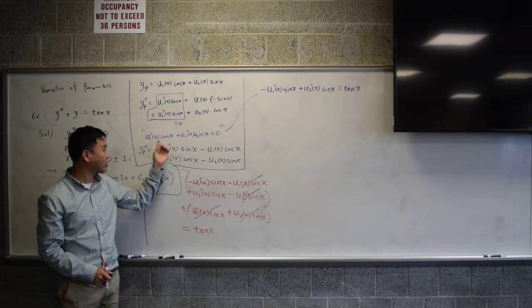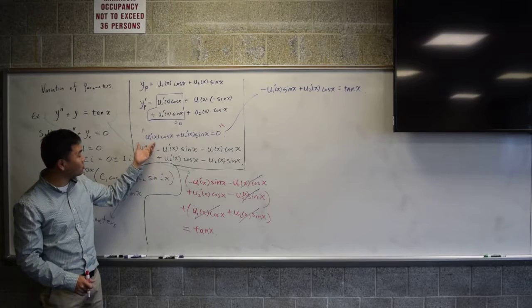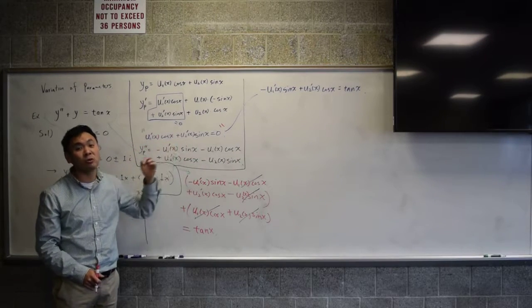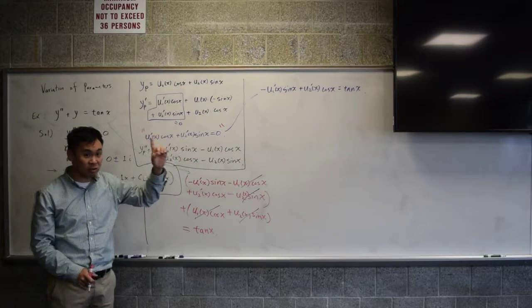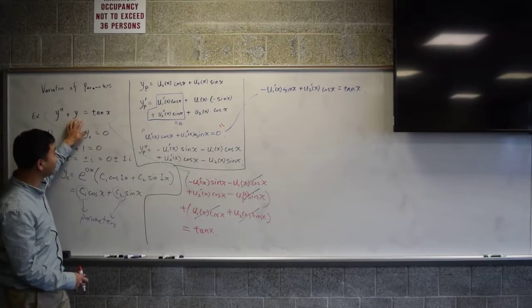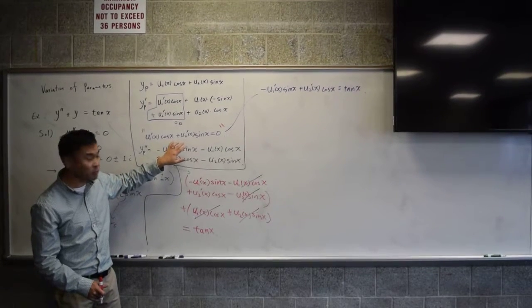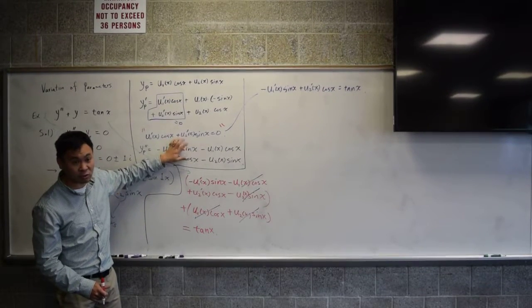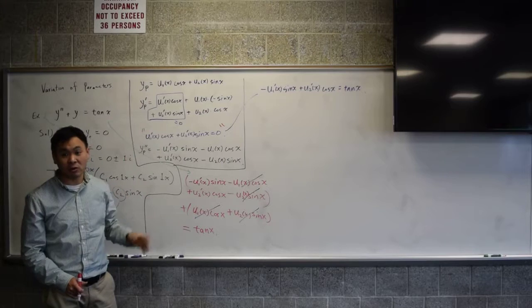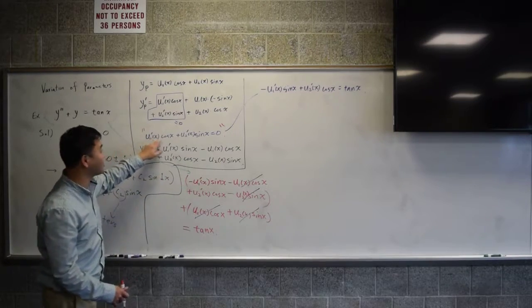Thank you for asking me that question. Yeah, that's a good question. All right, so we always make this assumption because we are free to make one extra assumption. We only have one condition for two unknowns. Therefore, even if we assume this extra condition, we can still come up with two functions that will satisfy both. Okay?